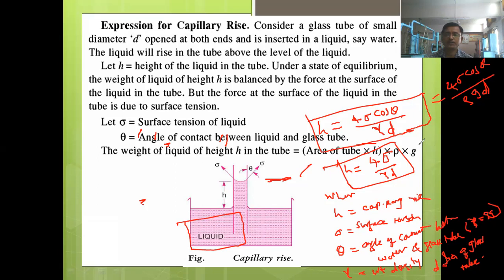After that, just write down there the angle theta. Theta will be equal to 0 for water and glass tube. Therefore, above equation becomes h is equal to 4 sigma divided by gamma d.